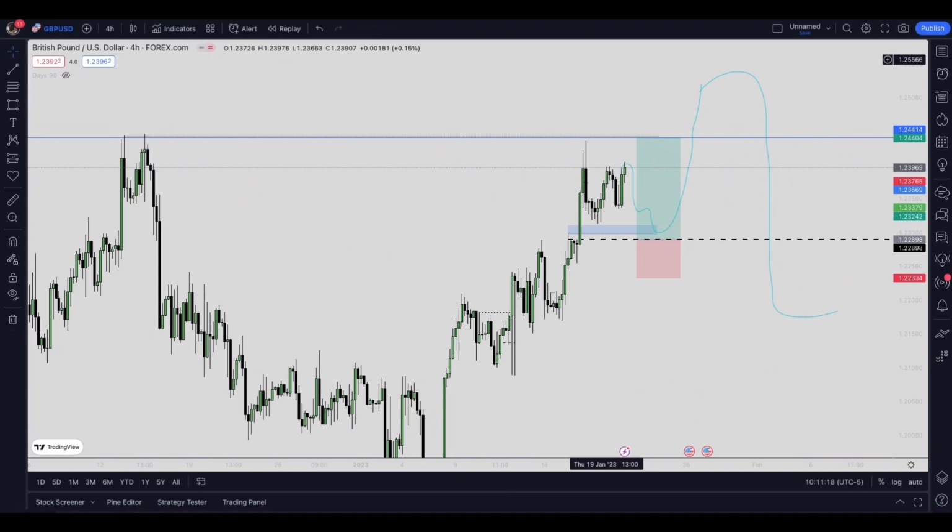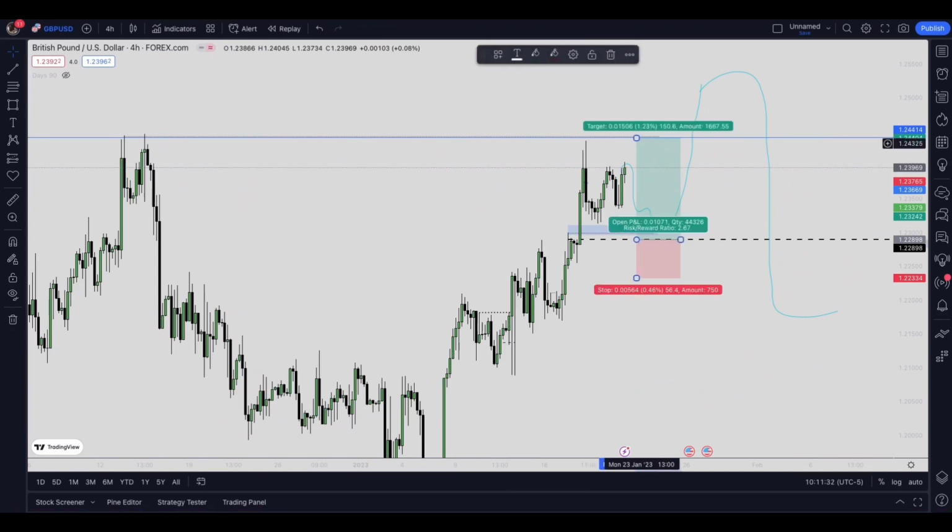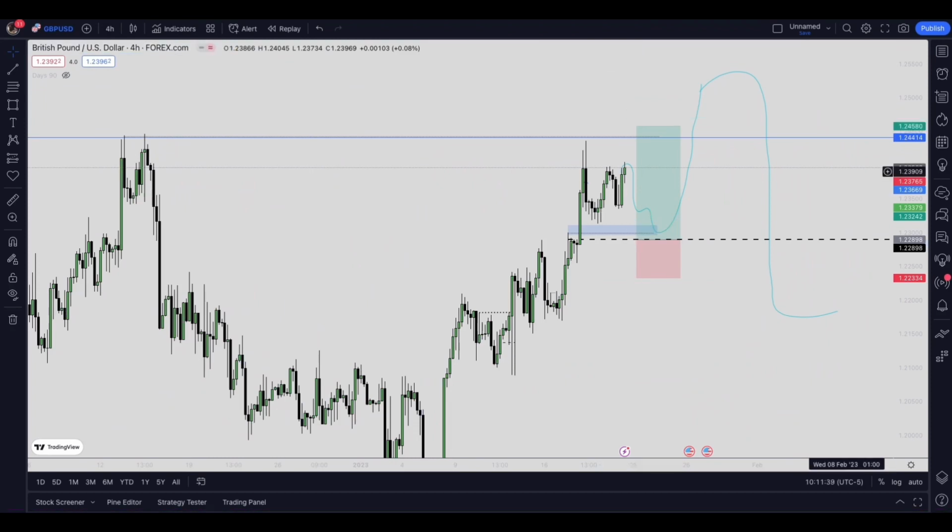My stop loss would be just below this fair value gap, because like I said, anything below this fair value gap is pretty unlikely. And my take profit of course is at the equal highs. I think I should just make it bigger, because we are anticipating price running deeper into these equal highs, right? So this is my daily bias forecast for next week's trading.